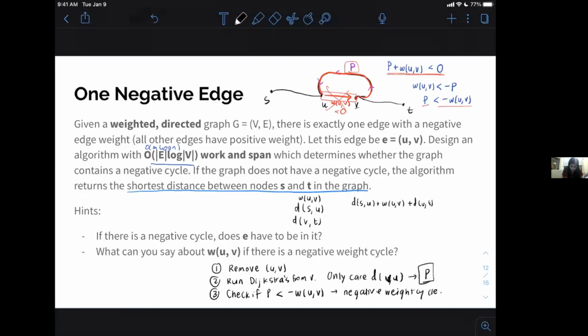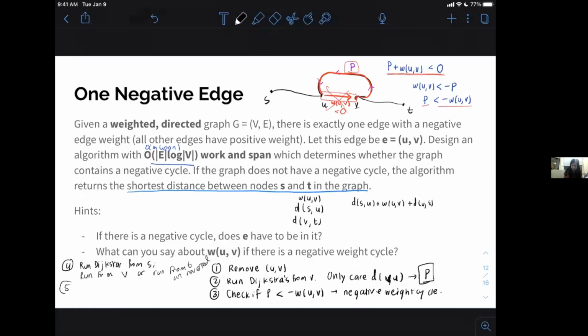Otherwise, you do the following. You run Dijkstra from S, and then you also run from V, or run from T on the reverse graph. I think it doesn't matter either way.